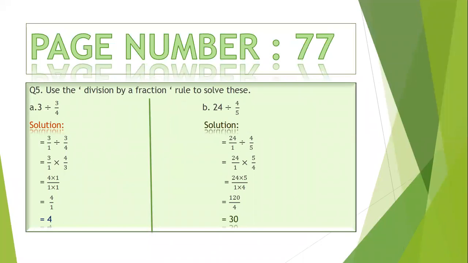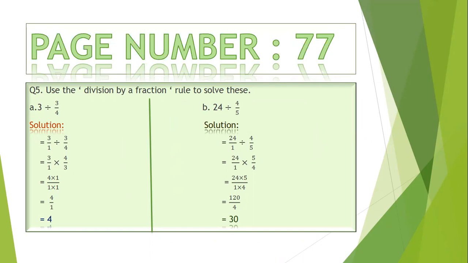Use the division by the fraction rule to solve these. 3 divided by 3 by 4. 3 means 3 over 1 divided by 3 over 4. Now when we change the division sign into the multiplication, the fraction after the division is 3 by 4.